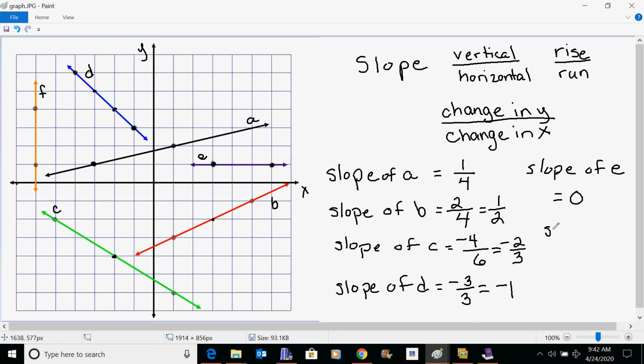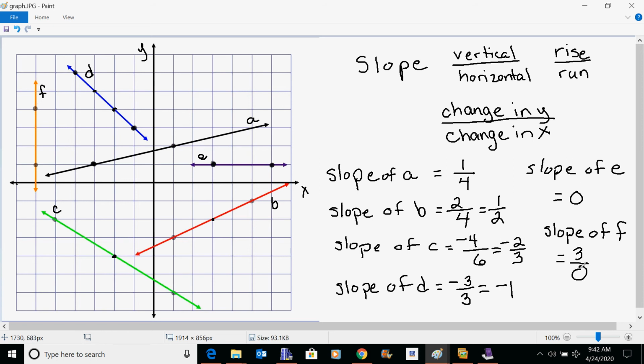And then we want to think about the slope of f. The slope of f, well, we can have a rise, 1, 2, 3, we're going down, or you might even say, well, I'm going from this point to this point. I have 1, 2, 3, up 3, but sideways is 0.